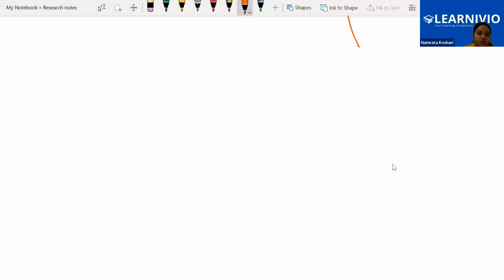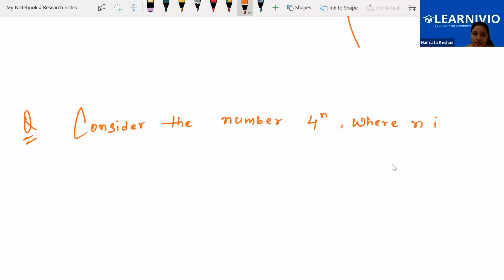Now let's solve one question. So one of the questions is like this. Consider the number 4 to the power n, where n is a natural number.